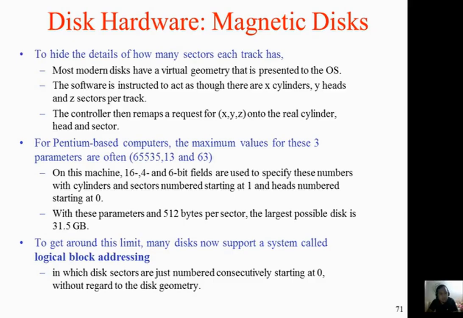On this machine, the bit fields are used to specify the cylinder and sector numbers, which start at 1, and the head number, which starts at 0. With these parameters, and say 512 bytes stored per sector, the largest possible disk is around 31.5 GB.